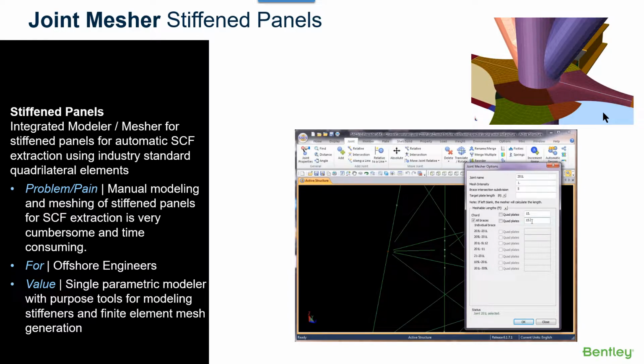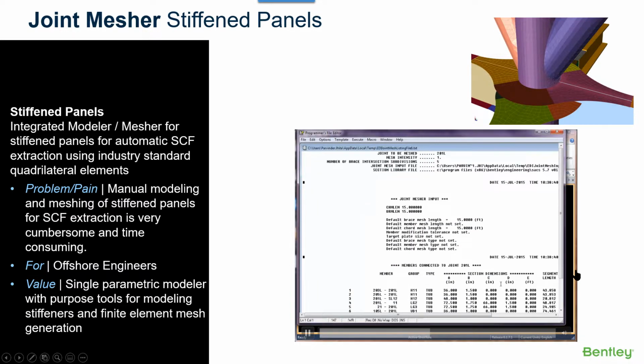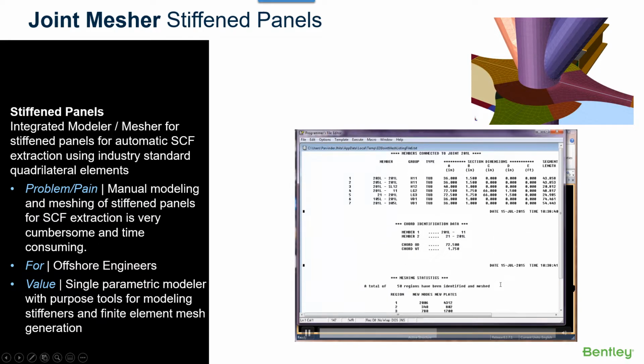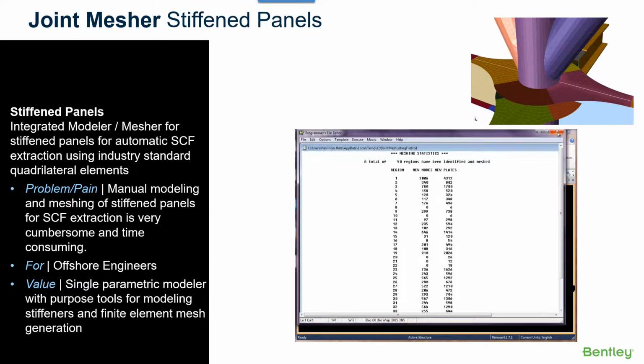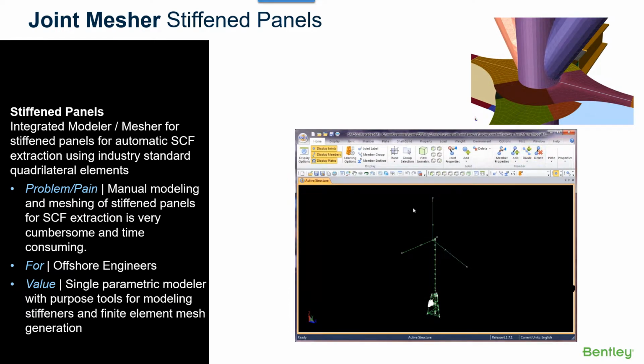Just click the connection and specify some basic information such as mesh density, then SACS gives you the meshed model. So with this tool, we can perform the localized analysis with the global model without external finite element software that consumes additional time and effort.